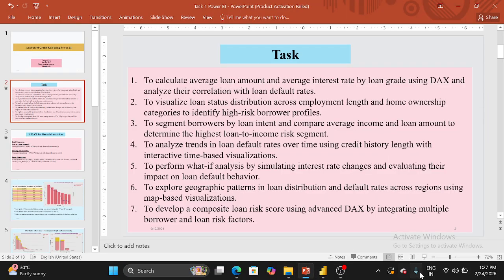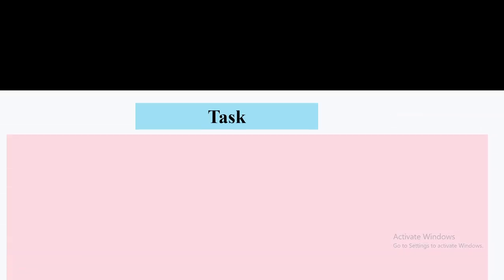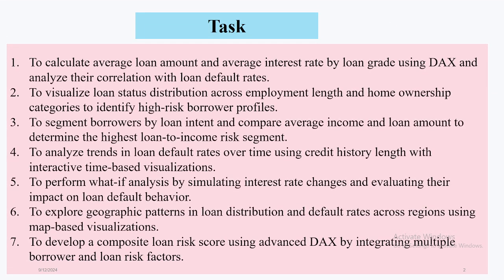Let's see what tasks we need to do in this presentation. We will calculate the average loan amount and interest rate according to the loan grade and correlate them with the loan default rates. We will also visualize the loan status distribution, defaulters and non-defaulters, according to home ownership and employment length, and segment the borrowers according to the loan to income ratio.